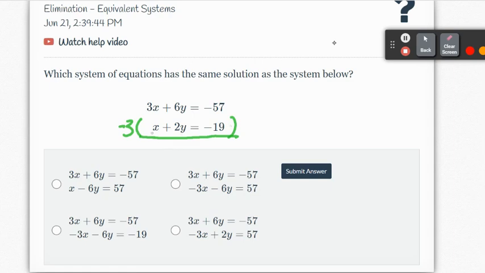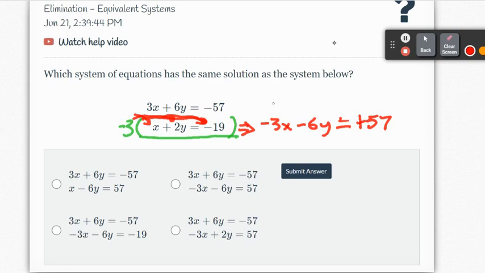Something will happen. Now, we're not actually going through and carrying out elimination. We're just trying to see which one of these was done correctly. So we're kind of having to look down below to make observations of what might have been multiplied across the bottom expression. So then I'm going to go ahead and distribute this -3 to all three terms, so that I could see that the equivalent expression would have been -3x, and then -3 times 2 would be -6y, and then -3 times -19 should have been +57.